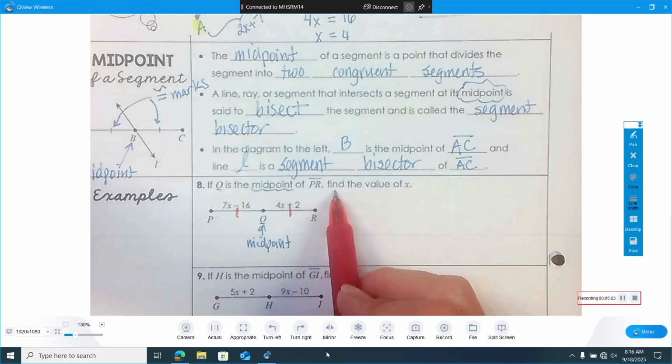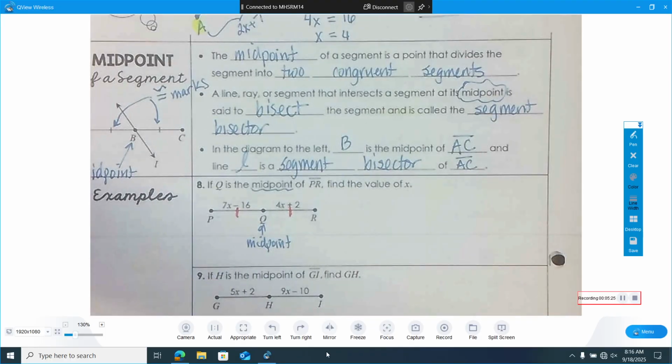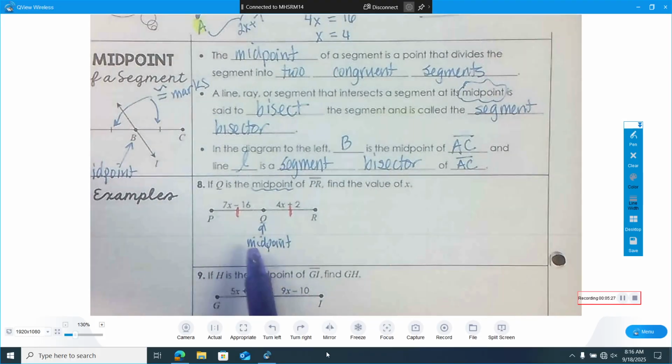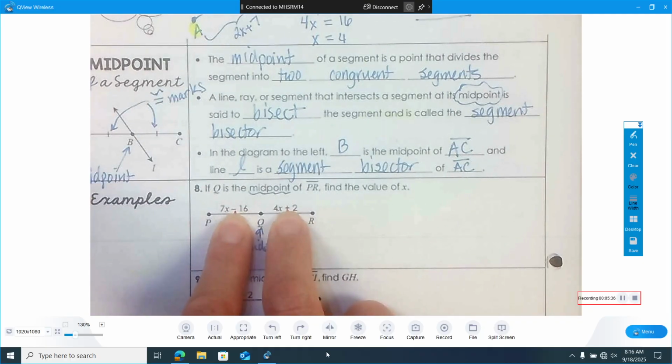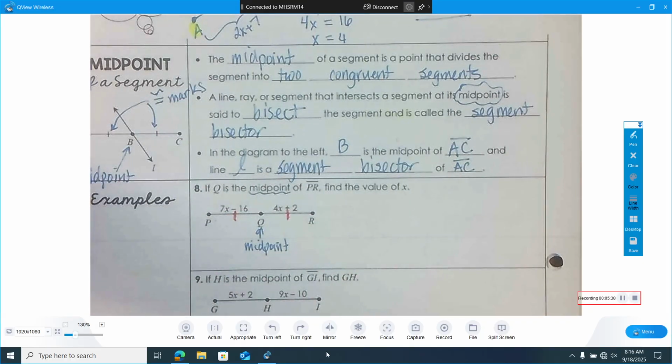It wants us to find the value of x, and I need to write something. If these two segments are both the same length, they have different algebraic names, though. What are we going to do if I know that they're the same length? How do we set something up to figure out what x is? I need an equation.